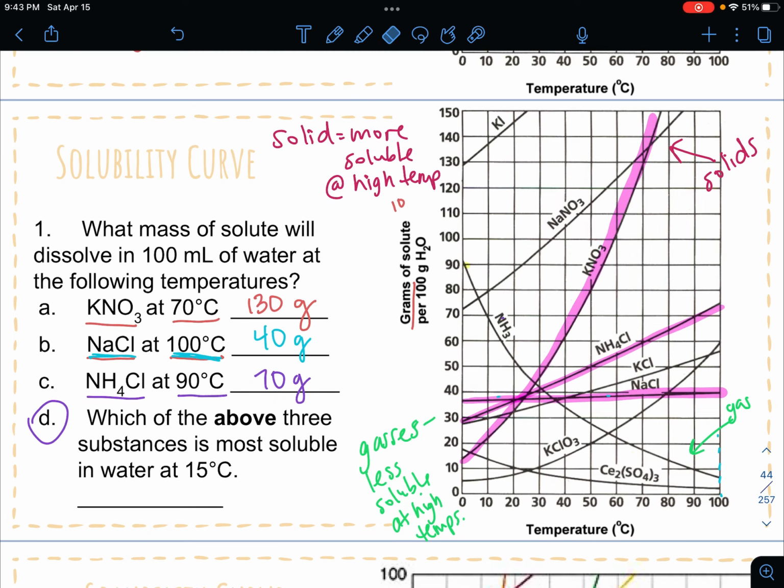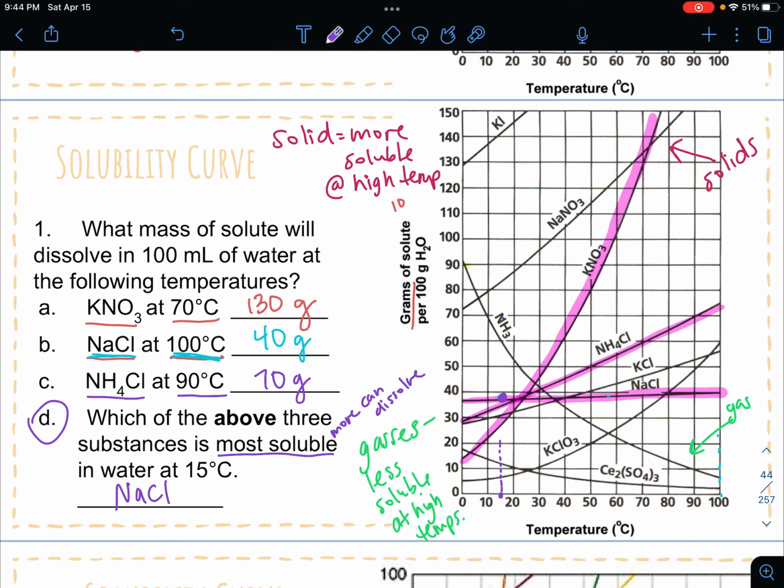It wants to know which of them is most soluble at 15 degrees. So 15 degrees is right in here. Which one can I add the most? Which one is going to be the highest at 15 degrees? It looks like this one right here, and that is my NaCl line. Remember, most soluble means more can dissolve.